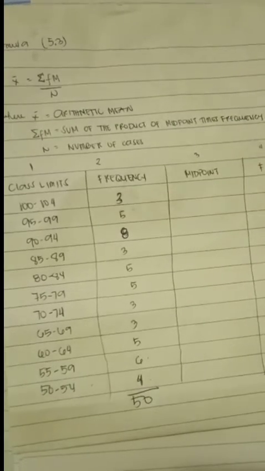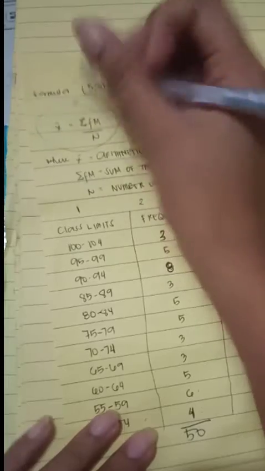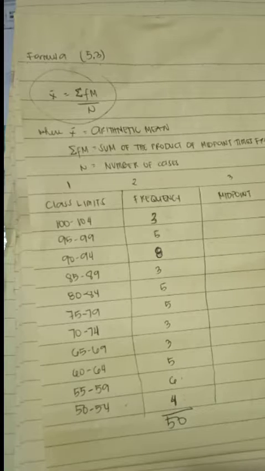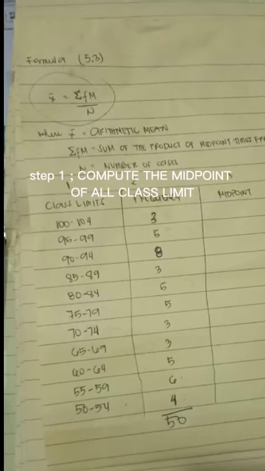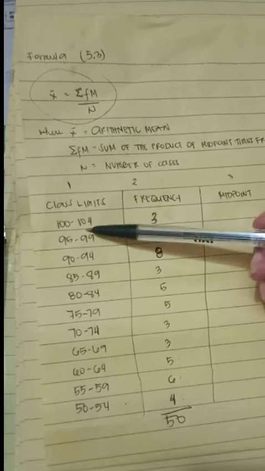To apply this formula, as I said earlier, we have steps to follow. First step, compute the midpoint of all class limits. That means we have to determine the midpoint of each interval.